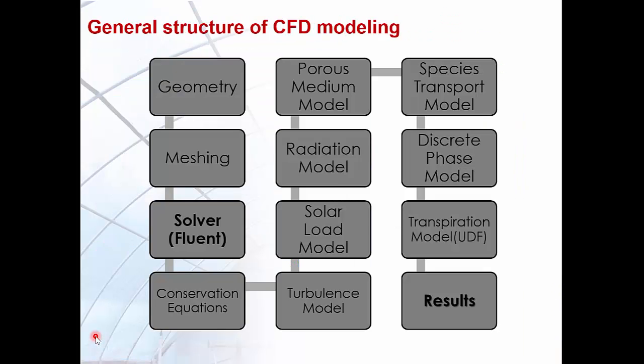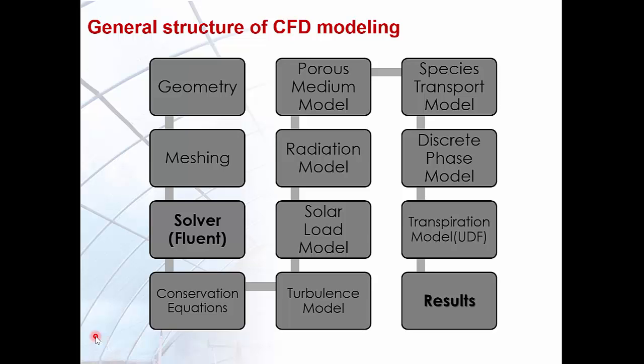This is a typical general structure of a CFD model evaluating greenhouse aerodynamics. The modeling effort starts with creating the geometry for the greenhouse system, including the greenhouse structure, the vent configurations, crops inside the greenhouse, or other system components which should be included for the analysis.